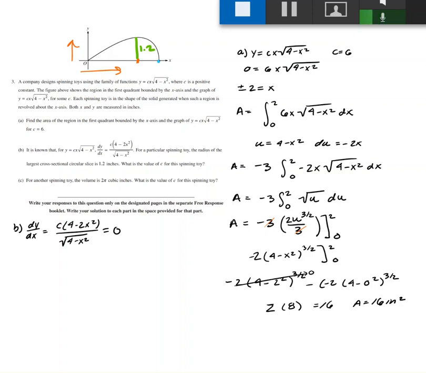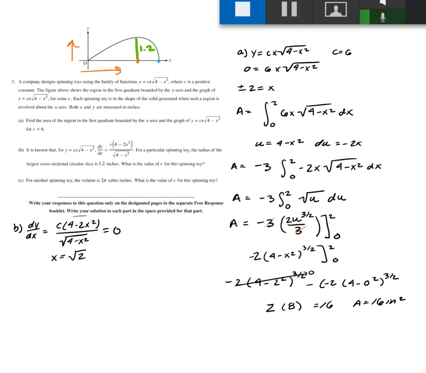So if we look at 4 minus 2x squared right here, what x value makes that 0? If we look at it, x equals square root of 2 will make the numerator 0 and make the derivative 0, which tells us that there's a critical point at square root of 2, and since we're looking at the graph, we know that it is a local maximum, and that is the x value where we have the largest radius of a cross section.